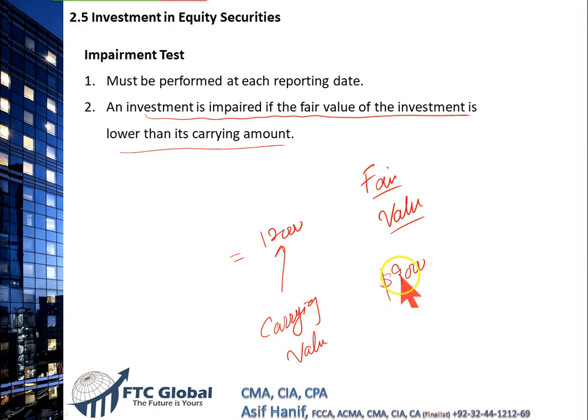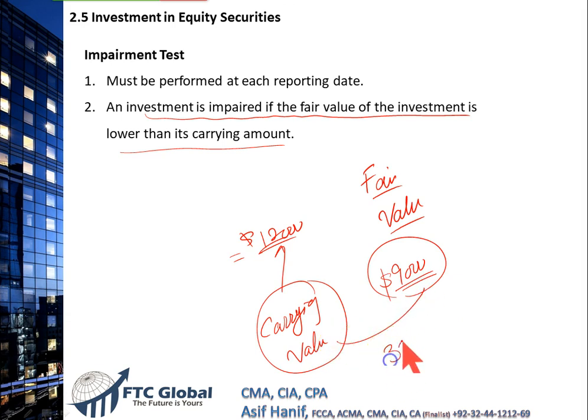Two people are ready to buy and sell at this price. So this is the value in the books, and this is the value in the market, which means we were carrying it at a higher price, whereas it should have been valued at $9,000. The difference of $3,000 is the impairment. So what is impairment? It's the difference between the carrying value and the fair value.